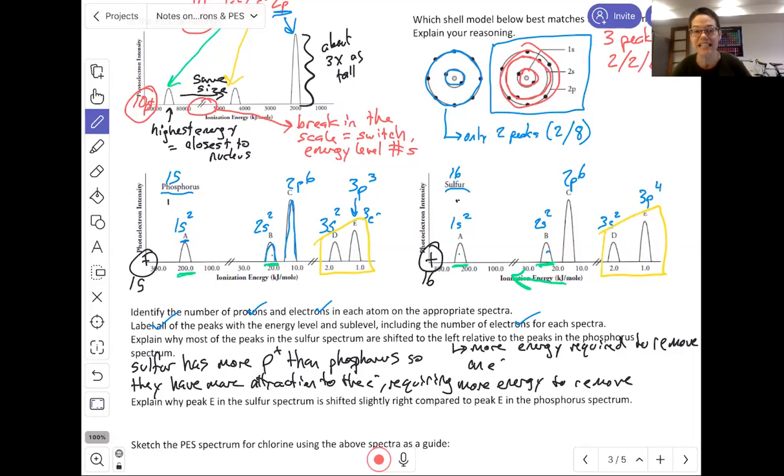If we were to continue following the rule that we wrote in black on the question right there, we would imagine that this E peak for sulfur should be shifted way over here, because everything in sulfur is shifted left, shifted left, shifted left. But that is not the case. This is not over to the left. It is actually pushed a little bit to the right compared to the E peak here, which is weird.